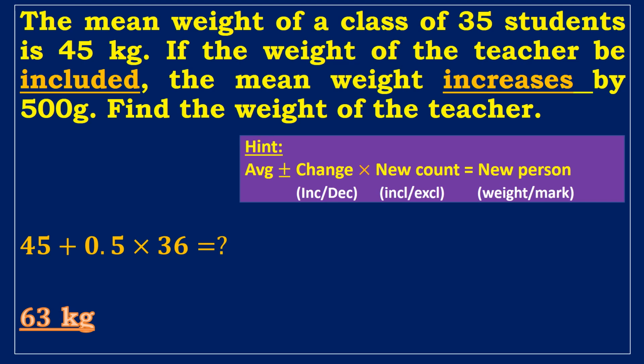Given that the mean weight of the class of 35 students is 45 kg, we know that if the weight of the teacher is included, the mean weight increases by 0.5 kg. Now, we can use this new mean to find the sum of weights including the teacher, that is 36. We can write 45 plus 0.5 into 36, so the weight of the teacher is 63 kg.